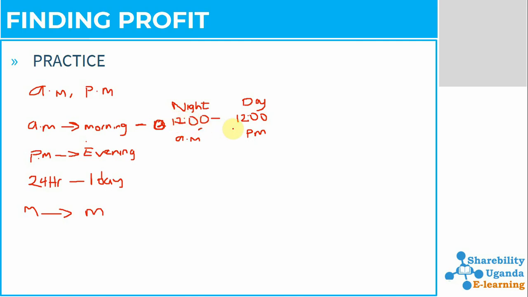12 a.m. up to 12 p.m. That is in the daytime. So that means from night, from this hour, up to 12 p.m., that is daytime. We call all that period our AM.